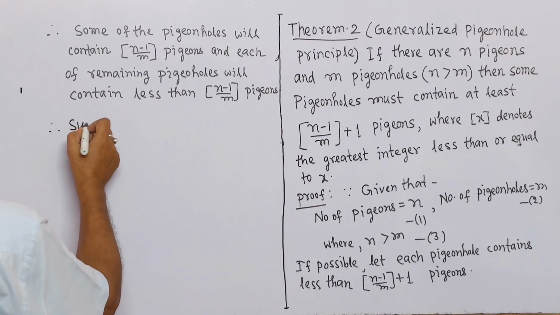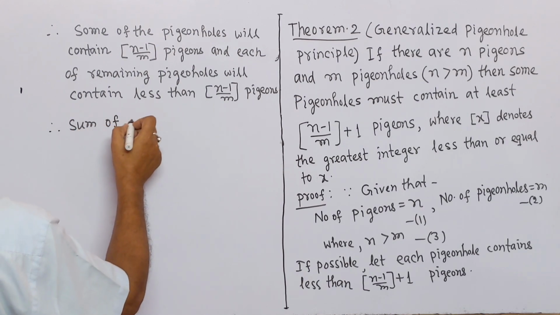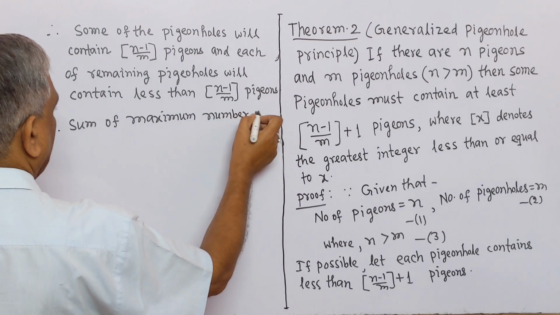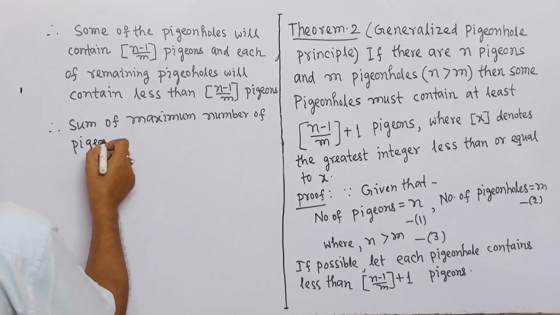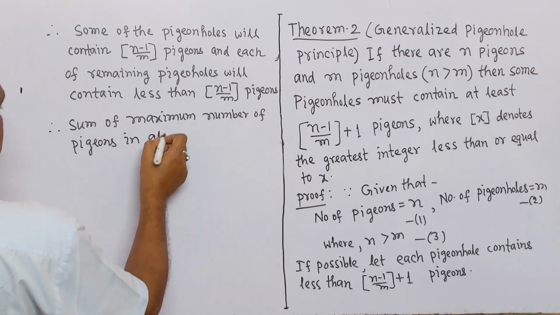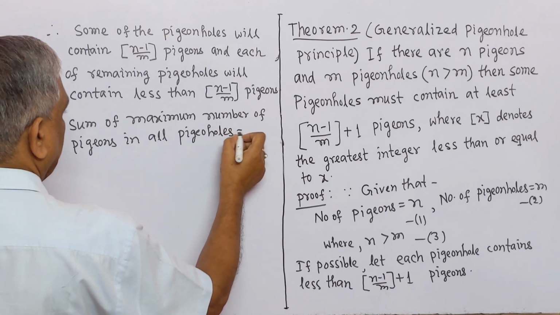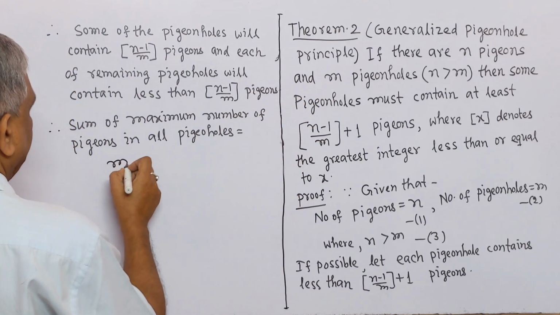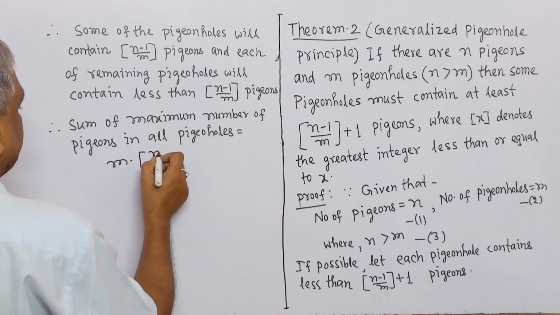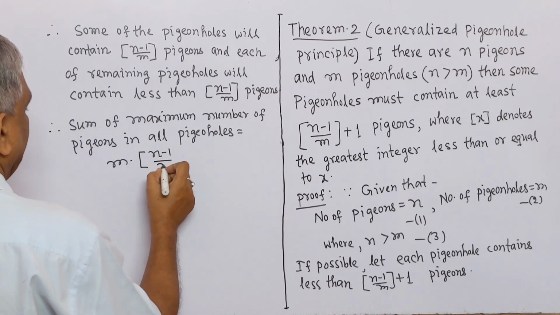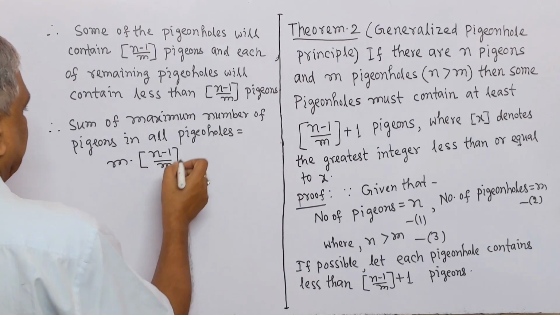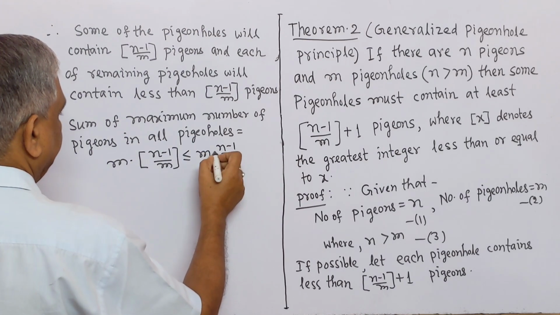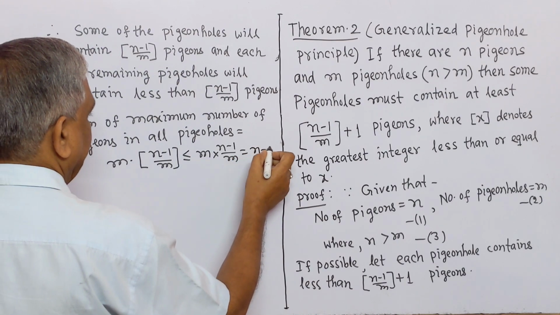Therefore, sum of maximum number of pigeons in all pigeonholes will be, number of pigeonholes be m multiply floor of (n minus 1) by m, and this is less than or equal to m times (n minus 1) by m, this is equal to n minus 1.